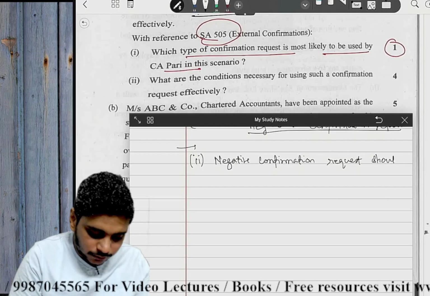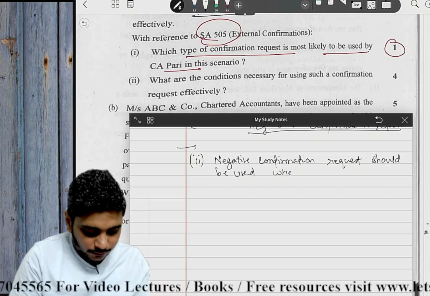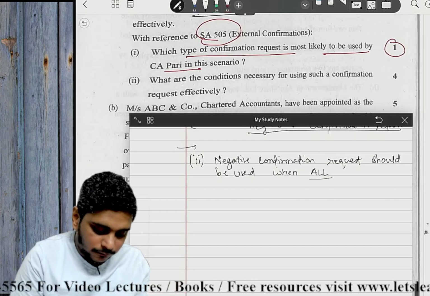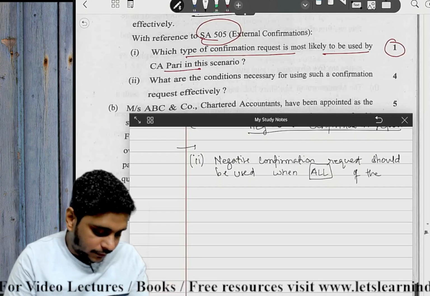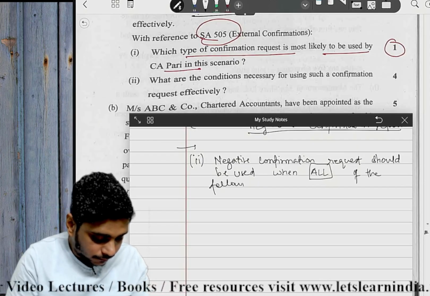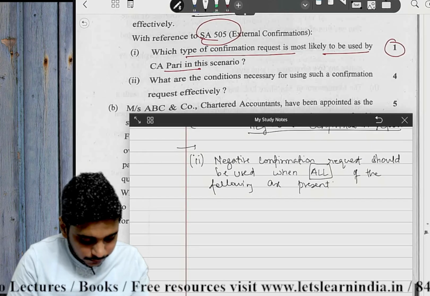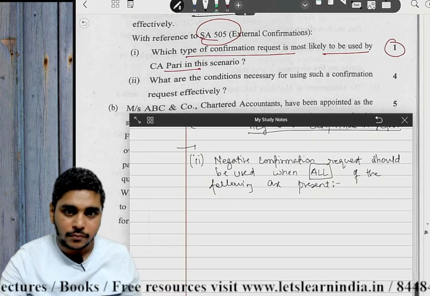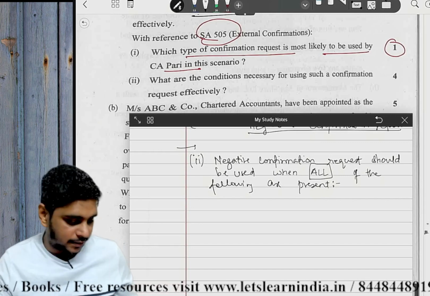So you will write, negative confirmation request should be used when all of the following are present.